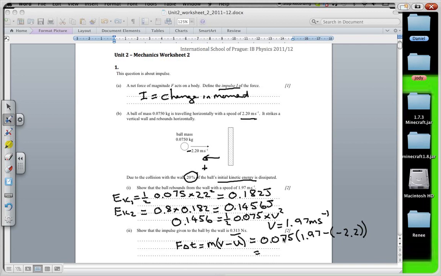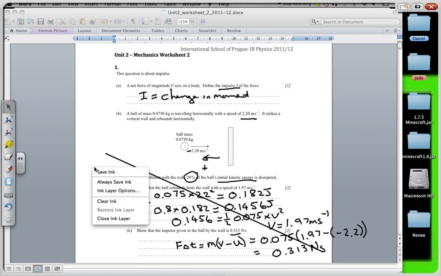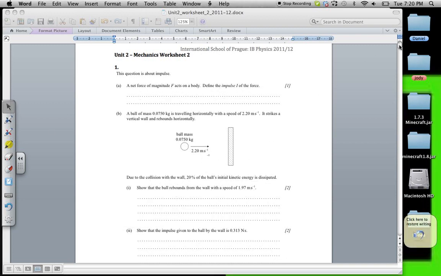So if I multiply that out, times by 0.075, put that in my calculator, and I get 0.313 Newton seconds, because it's a force times the time. Alright, so that's that part of the question. I hope you understood that. And then we'll go on to the next question, which is over the page.